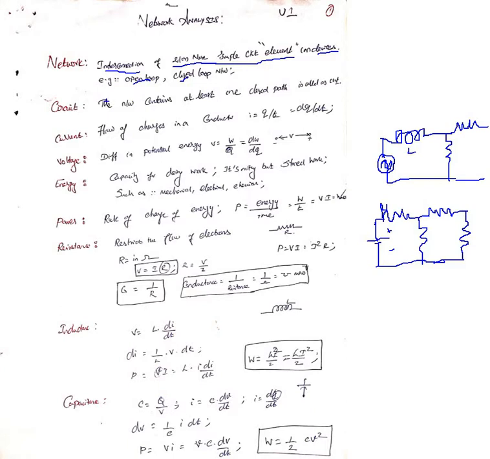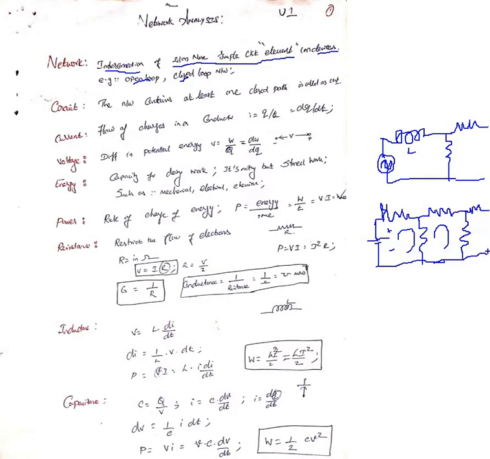Next, one more basic term about circuits. What is the meaning of circuit? A circuit is nothing but a network containing at least one closed path. See how many closed paths are in this circuit? There are two closed paths, 1, 2. Here I will open one. See, the resistance is there, and here it is open, not closed.